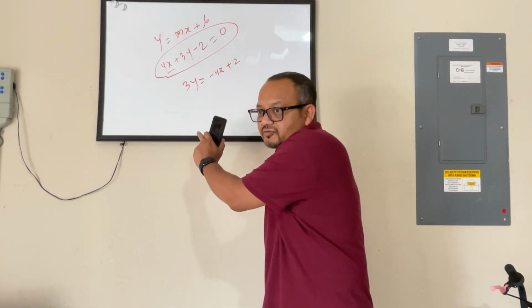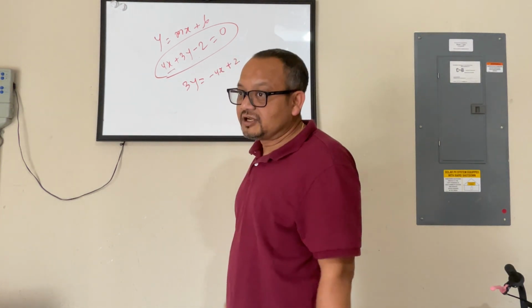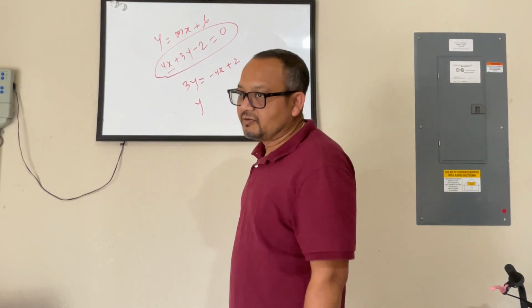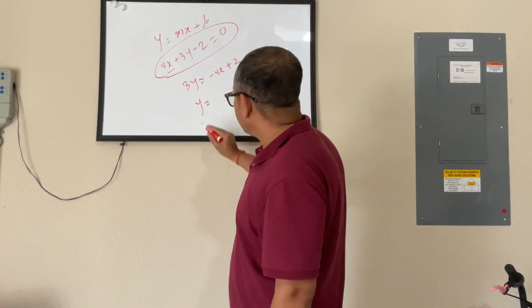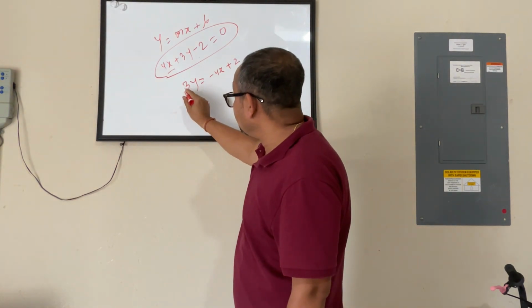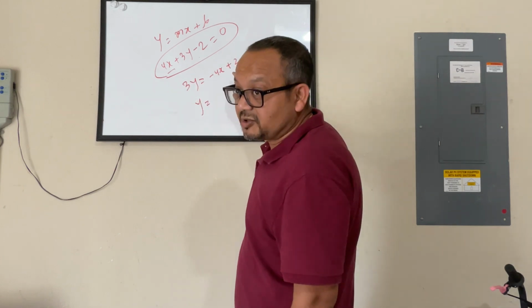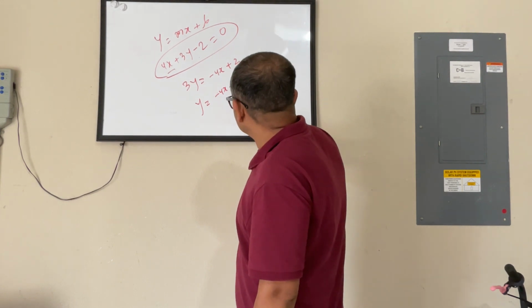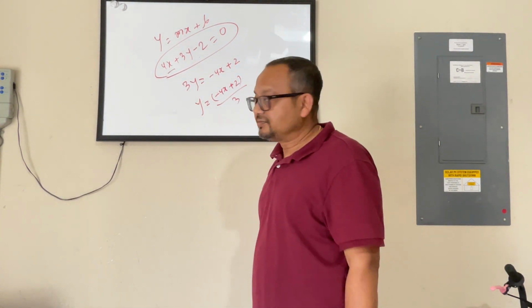We are closer to the slope-intercept form. But we have 3y. We don't need that. I want to knock off 3 also. I want to keep it like y. So that means this is 3 into y. Now 3, which is getting multiplied here, is going to be a divisor here.